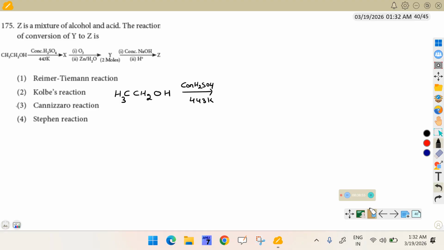Identify Z. Z is a mixture of alcohol and acid. The reaction of conversion of Y to Z: the alcohol reacts with concentrated H2SO4, which acts as a dehydrating agent and gives the alkene CH2 double bond CH2. The alkene undergoes ozonolysis with O3 and Zn, H2O. This is reductive ozonolysis.